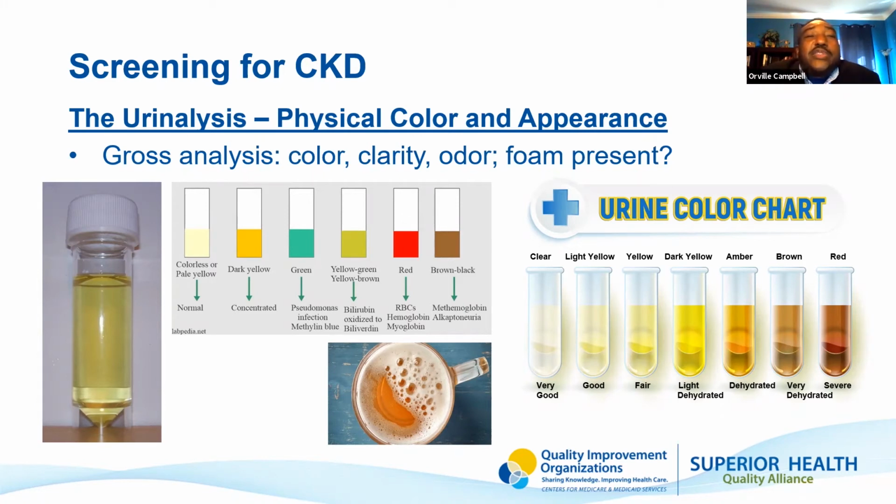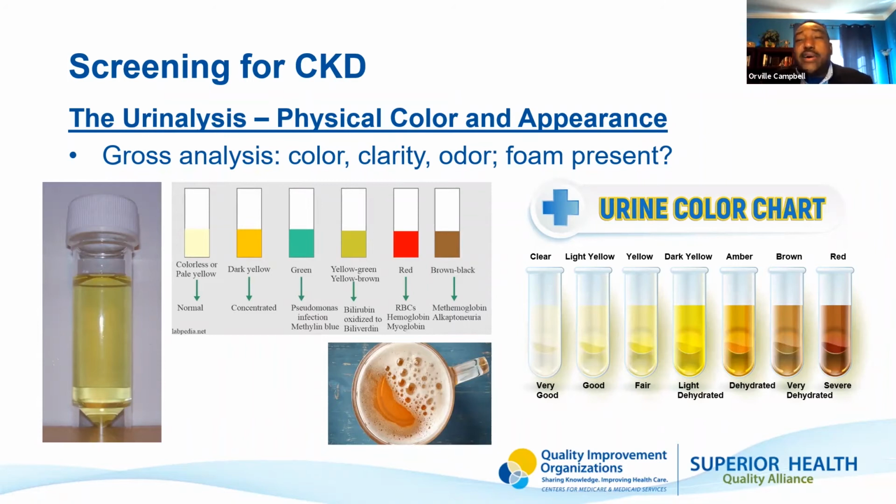Red could mean blood: blood from the bladder, blood upstream in the kidneys, or it could mean myoglobin, which comes from damaged muscle cells, such as going to the gym and not hydrating, and you do have rhabdomyolysis.